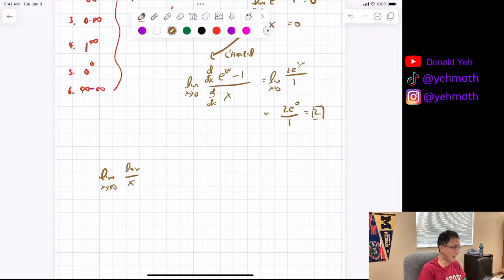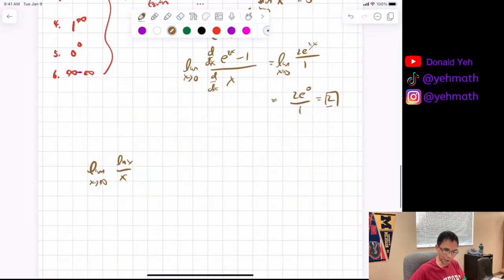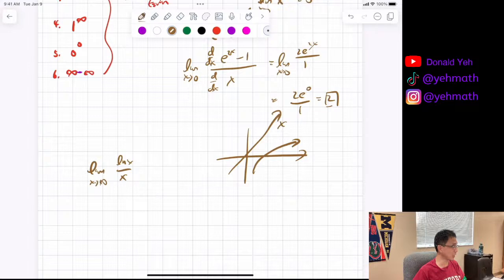Which one's faster, do you think? They both go to infinity, by the way, but which one's going to go faster? x, you're right, because natural log of x is going to be like this, and the other one is going to be like this. This one's way faster than natural log of x, but they're still going to infinity though.